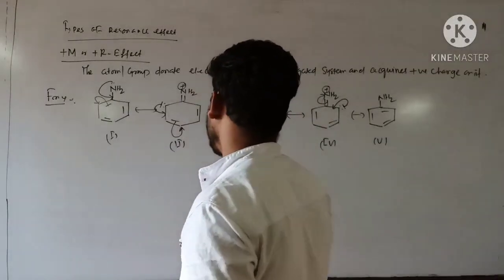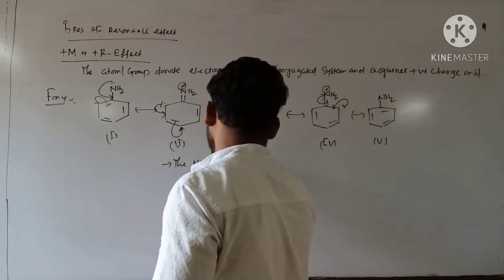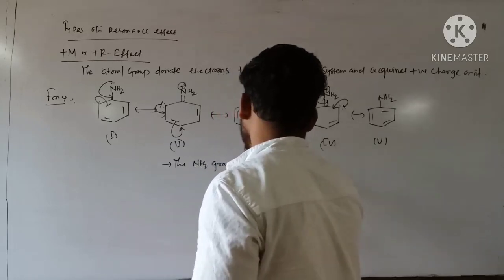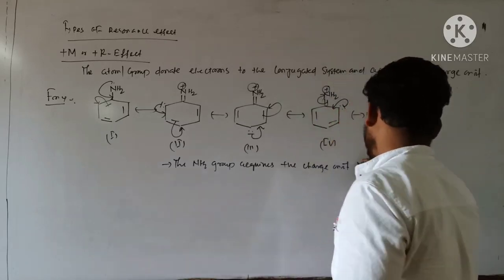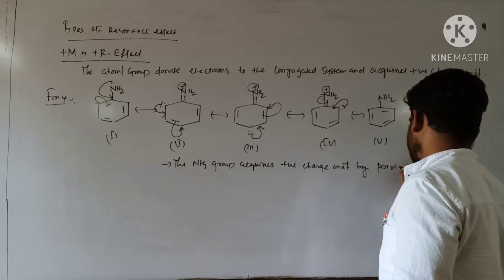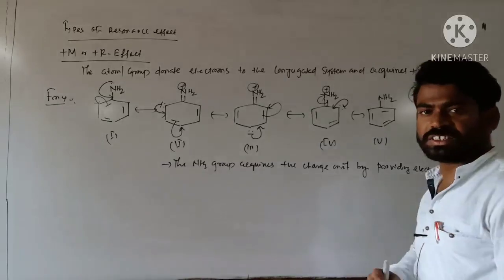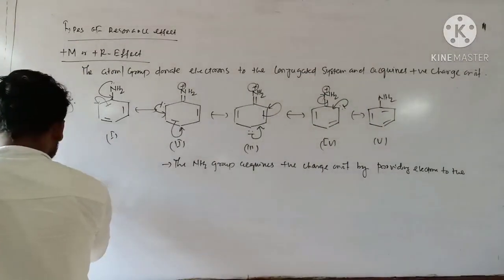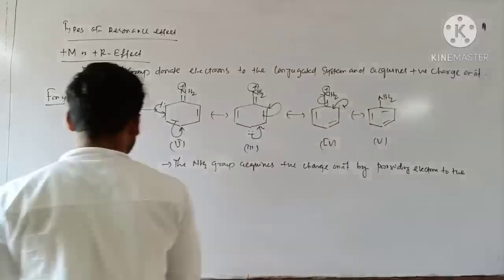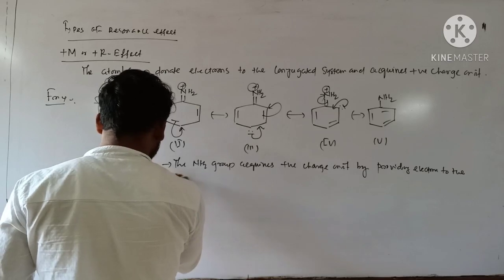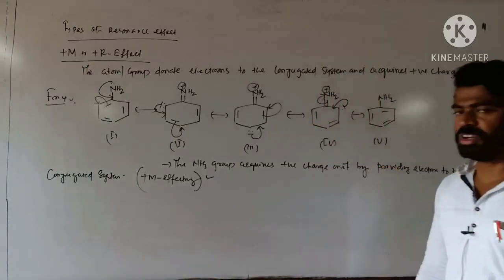So the NH2 group acquires positive charge on it by providing electrons to the conjugated system, hence this type of effect is called plus M effect. NH2 group is a plus M effecting group or plus R effecting group.